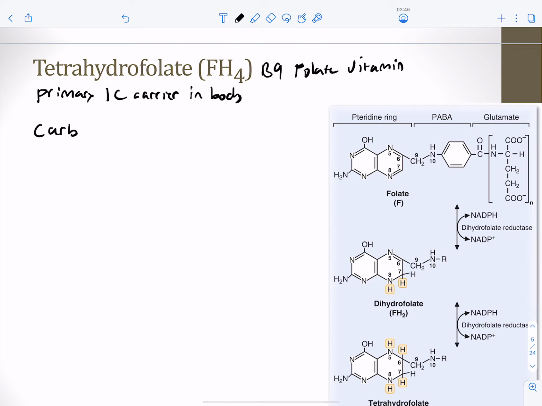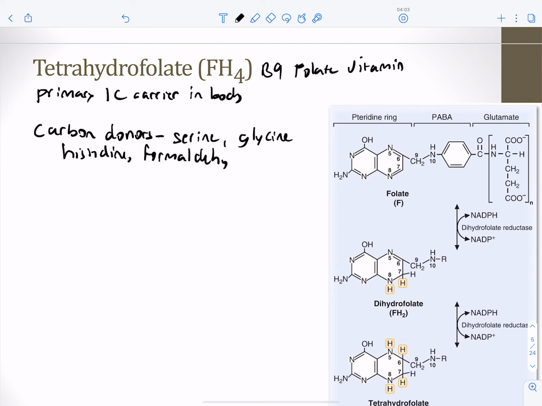So our carbon donors, and we'll talk more about these. Folate exists in various forms, and these are all called the 1-carbon pool.